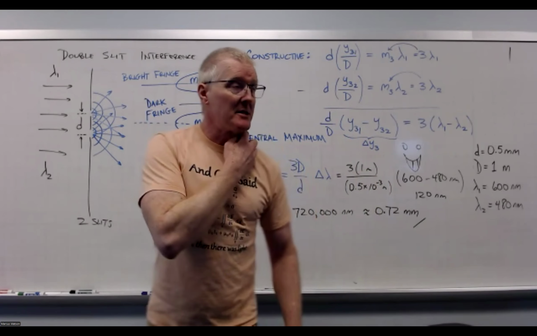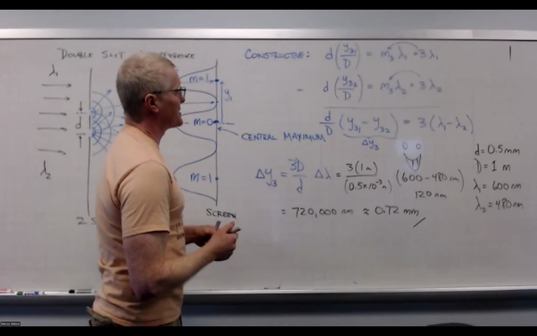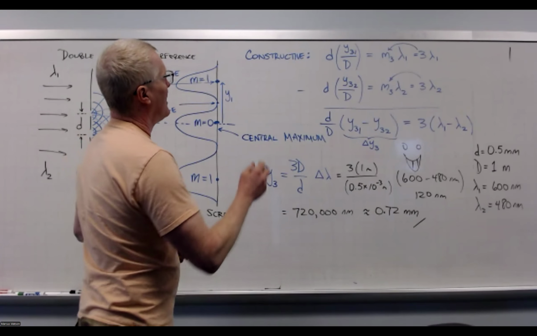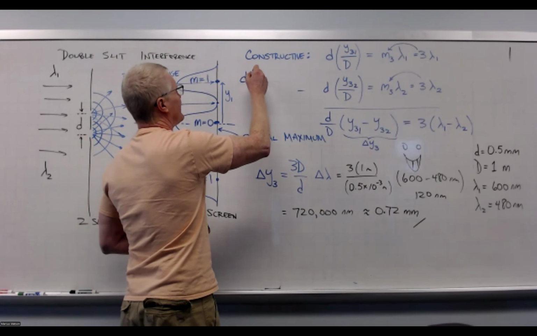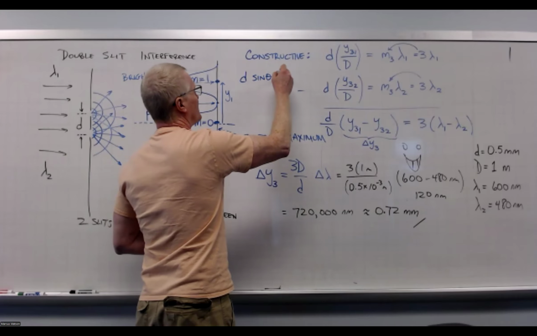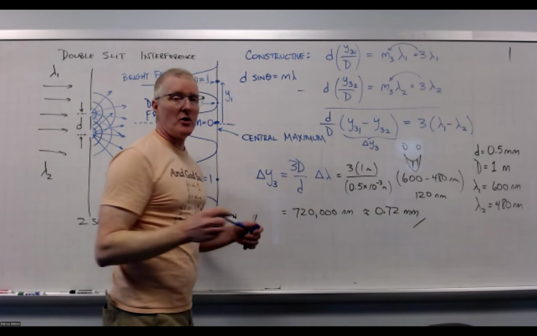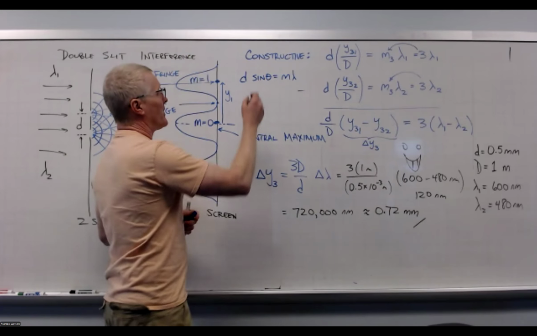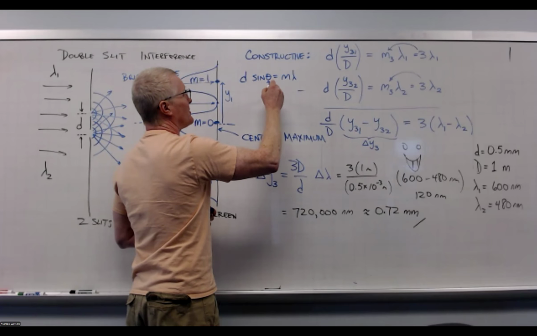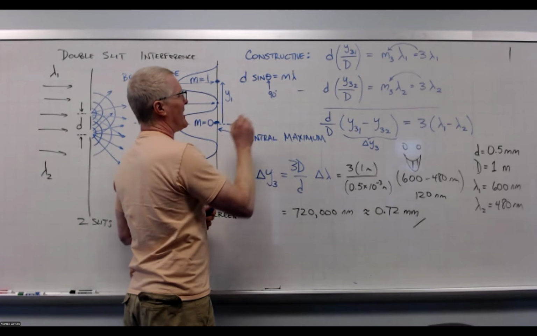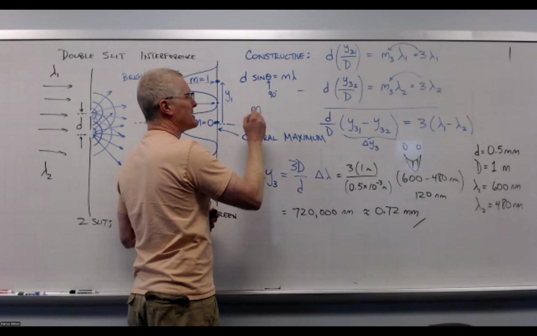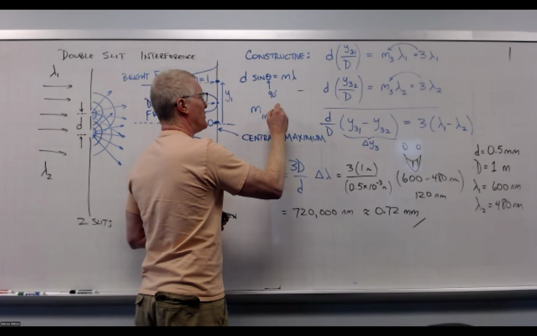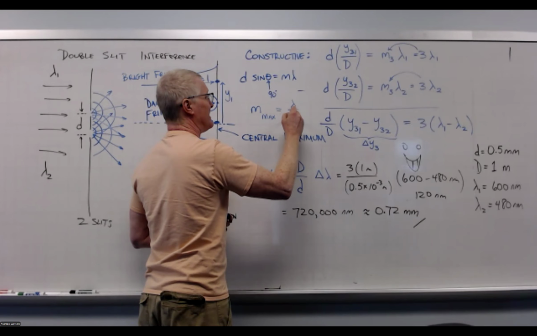Okay, and that means when you look at the expression d sine theta equals m lambda, I want to know how many constructive bright fringes I see. So what I'm going to do is set theta equal to 90 degrees, and then say that the maximum m is equal to lambda divided by d, right?